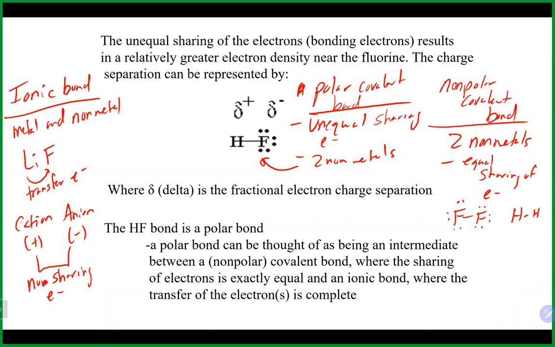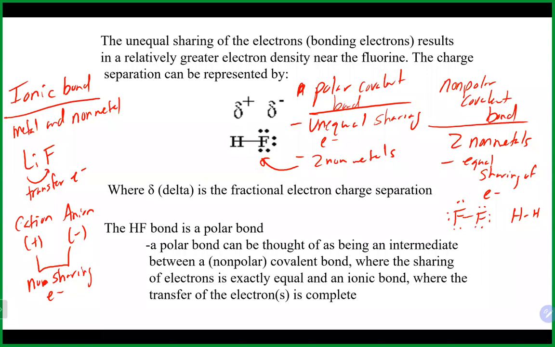Now, when we have that unequal sharing of electrons, as we talked about, it creates a partially positive charge on one side, partially negative charge on the other. Why are they only partially positive and negative charges on the polar bond? They are only partial because they're still sharing electrons.